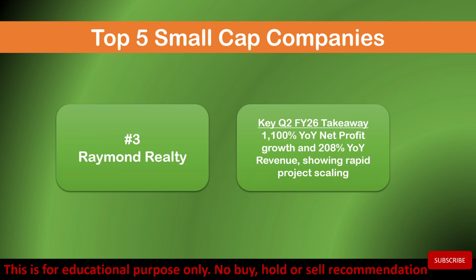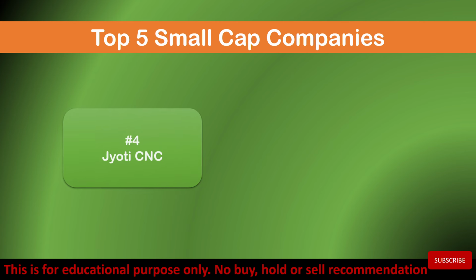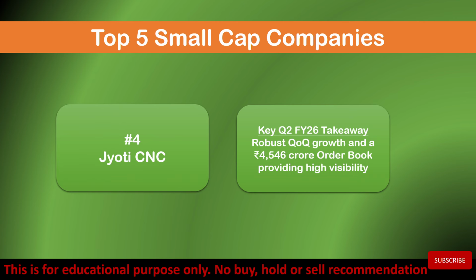Very good results. Number four is Jyoti CNC, robust quarter on quarter growth and a 4,546 crore order book, providing very high visibility. So, this is a small cap company, and a small cap company with a 4,500 crore order book is a huge thing.